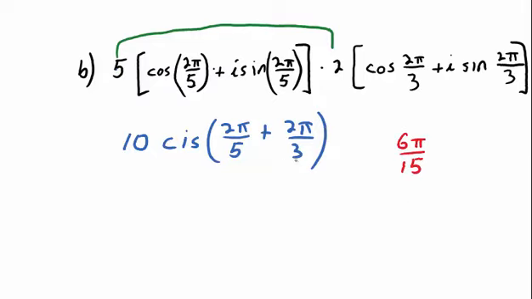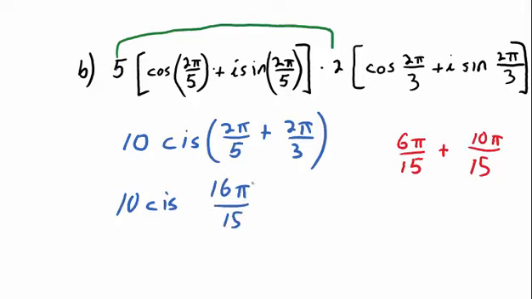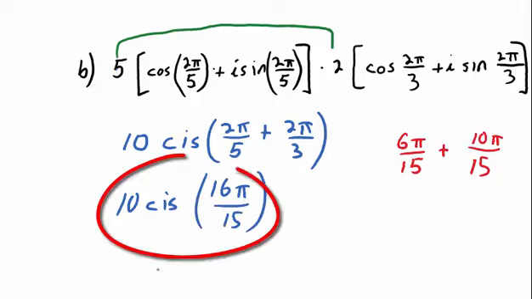And then I could multiply 2 pi over 3 by 5 over 5. What would that get me? 10 pi over 15. So we add these together, what do we get? 10 cis 16 pi over 15. Good enough. That's scratch work over on the right.